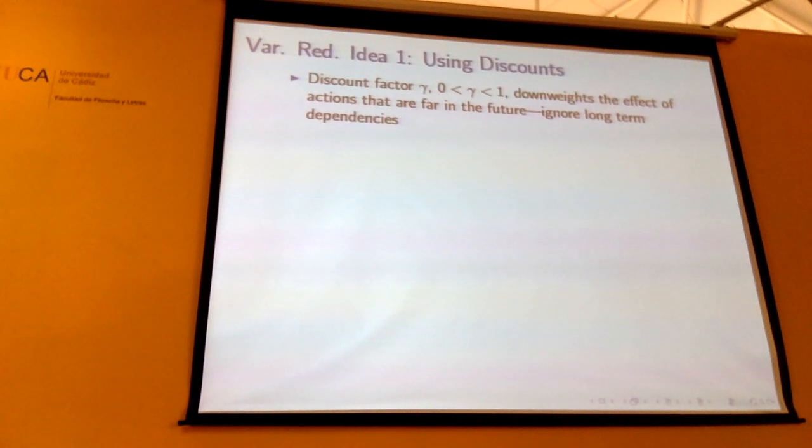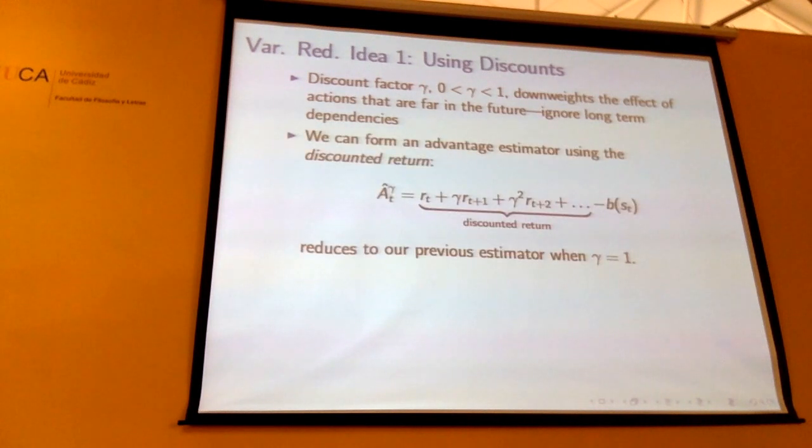Usually it's closer to 1, so you might see 0.99 or 0.98 or 0.9. The discount factor downweights the effect of actions that are far in the future, or rewards that are far in the future. So it basically says, when we're choosing our next action, let's pretend that it's not going to affect any rewards far in the future. So we're ignoring long-term dependencies.